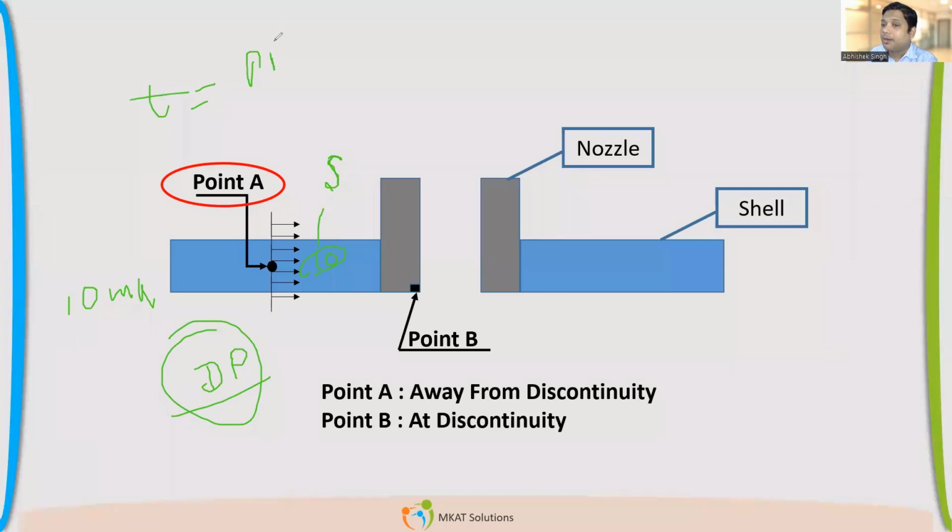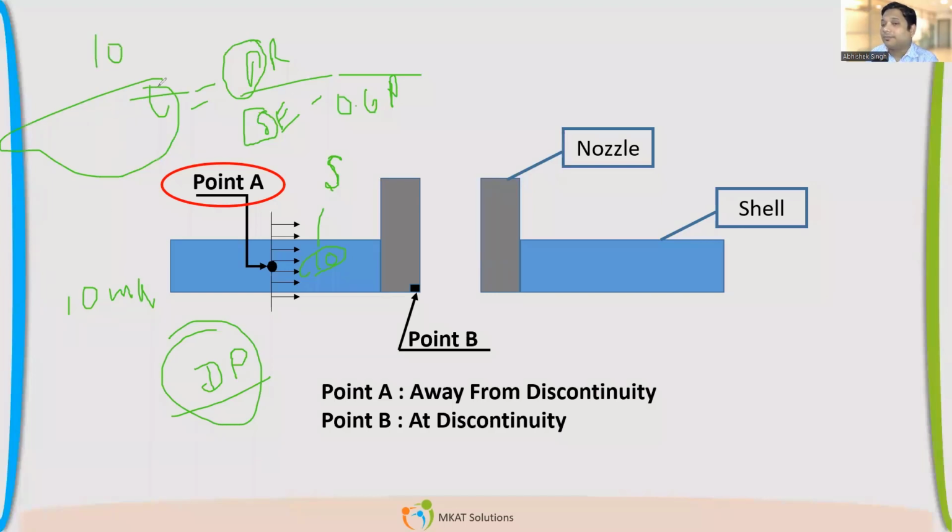T is equal to PR divided by SE minus 0.6P. First, I took P as design pressure, S as allowable stress, and calculated T. I got T as 10 mm.